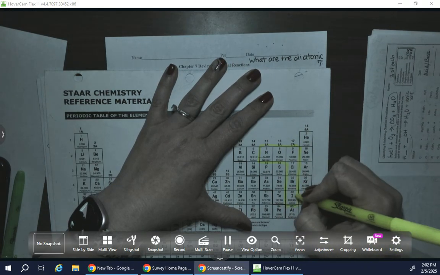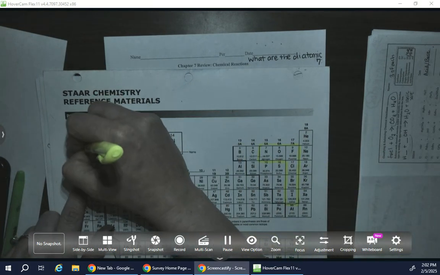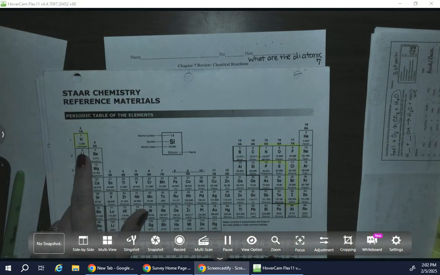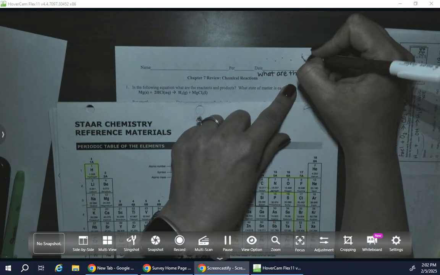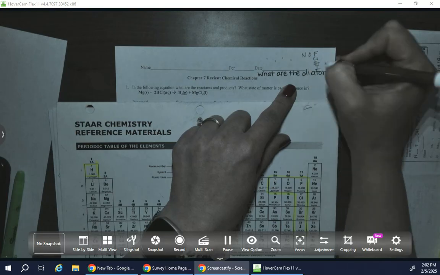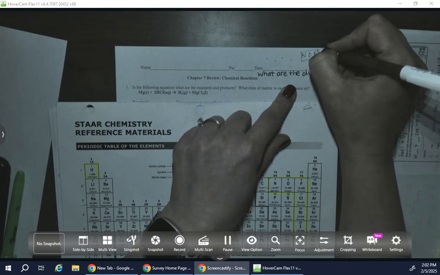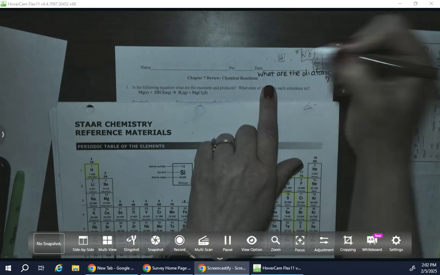And if you count them, that's 1, 2, 3, 4, 5, 6. So our 7th one included is hydrogen. So the answer for that, you can draw yourself a little picture: N, O, F, Cl, Br, I. You're making a 7, starting at the number 7, and then hydrogen is your 7th one.